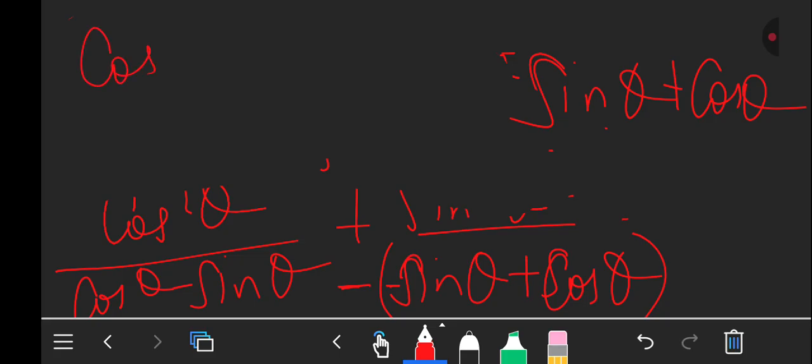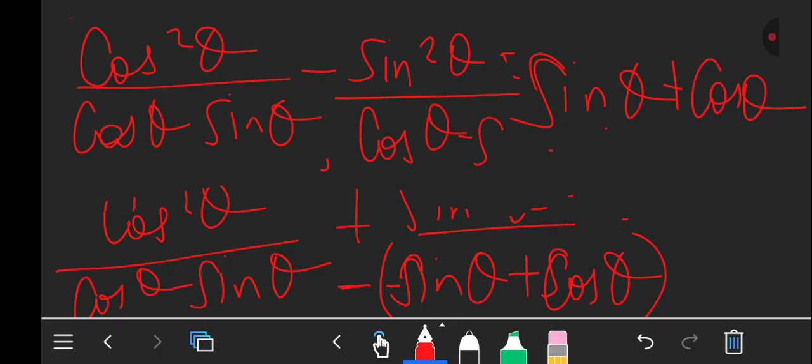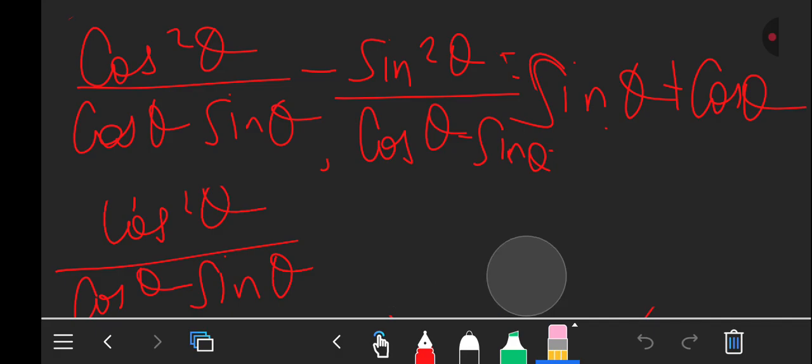So it will be cos squared theta over cos theta minus sin theta, then negative divided by positive gives us a negative, so it will be minus sin squared theta over cos theta minus sin theta.